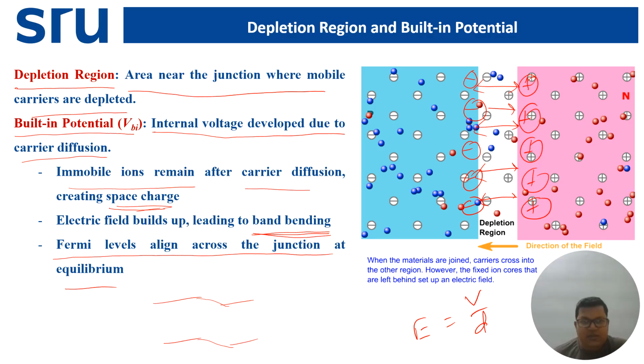So with this band bending, the Fermi level will be in equilibrium. The basic idea of this band diagram is that the Fermi level should be the same throughout when the junction is formed. So the Fermi level is not bent here, it is the same throughout at equilibrium. We are talking about the equilibrium condition, right?